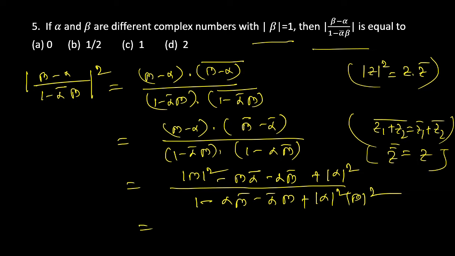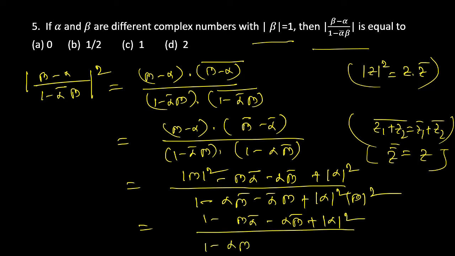Here mod beta is 1, so this is 1 minus beta alpha bar minus alpha beta bar plus mod alpha square by 1 minus alpha beta bar minus alpha bar beta plus mod alpha square. So we get numerator and denominator the same. So this is 1. So answer will be 1.